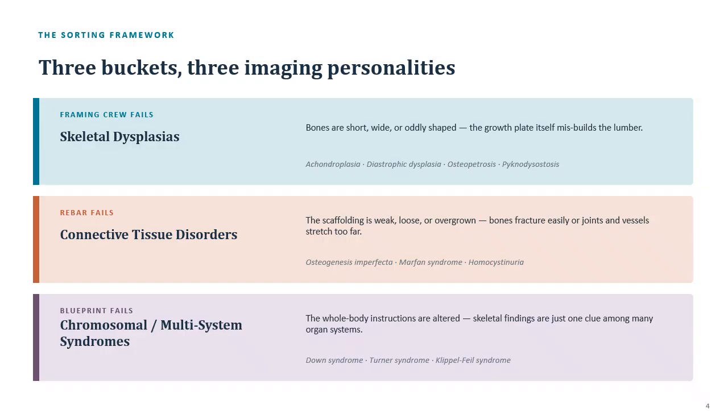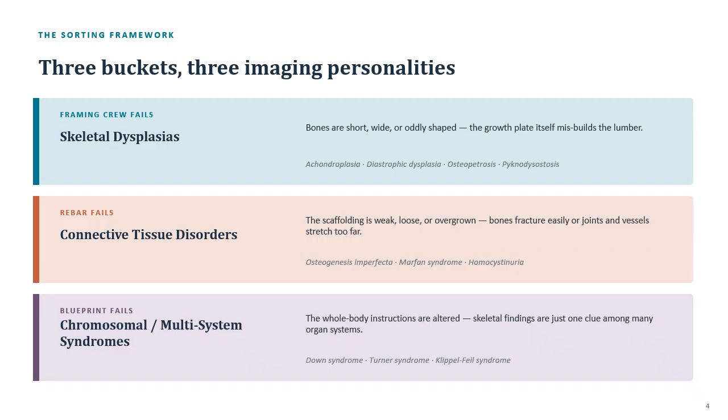All right, now we can place some of these major conditions into groups. So we're going to start with three broad groups. The first group is considered to be skeletal dysplasias, or what we're calling failures of the framing crew. In these disorders, the growth plate does not build the bone normally.